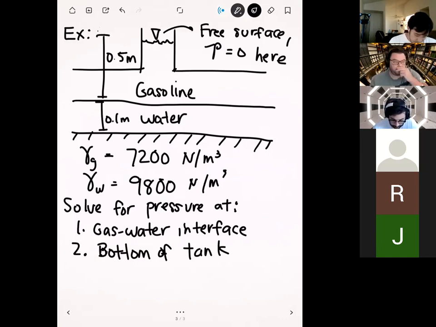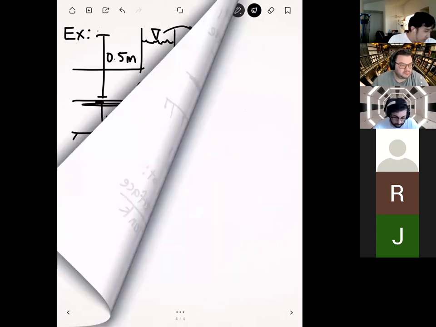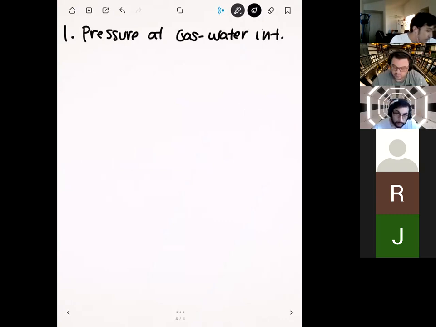Okay. So let's work on part one first. We want to find the pressure at the interface between gas and water. So we want to find the pressure at this interface right here. Let's use our formula.